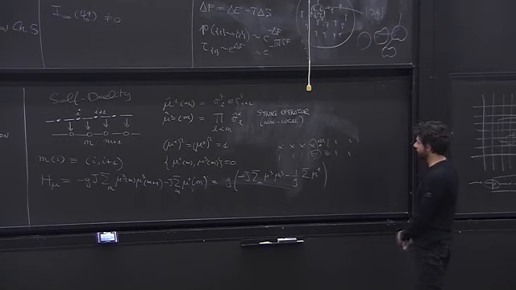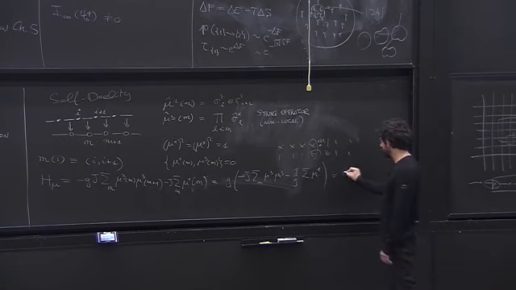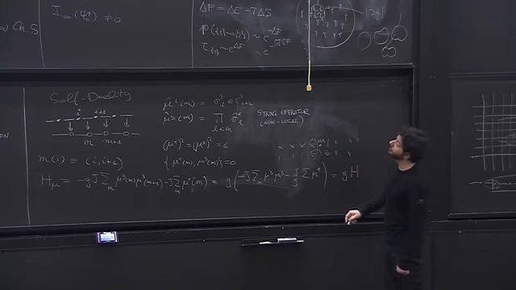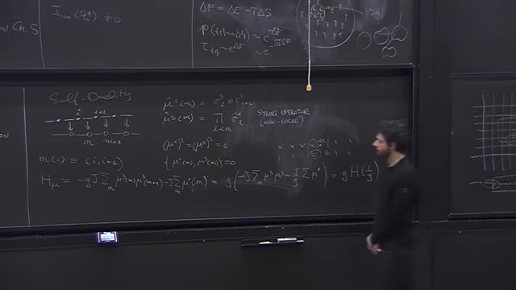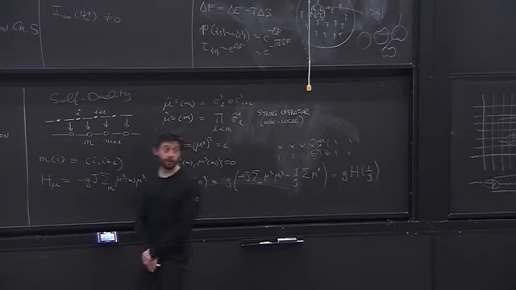So this is equal to G times my initial Hamiltonian, where the coupling constant now, instead of being G, is 1 over G. So you see, it's self-dual.